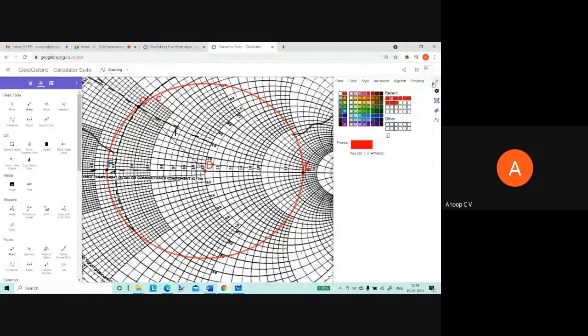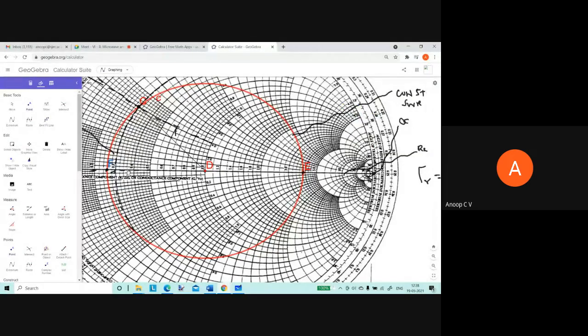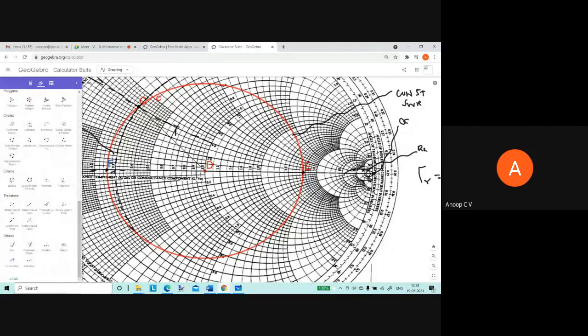I think you can see this. So E and F, it intersects at 2 points, E and F. So this E, as I already told in the last class, is where you find the maximum impedance. The R value corresponding to this E will be the maximum impedance.